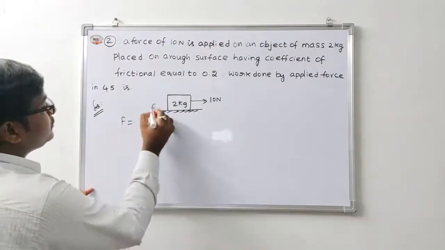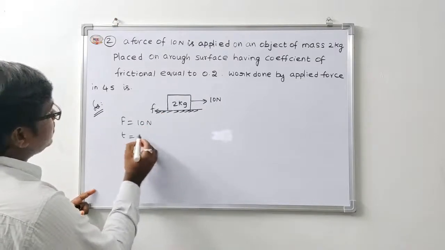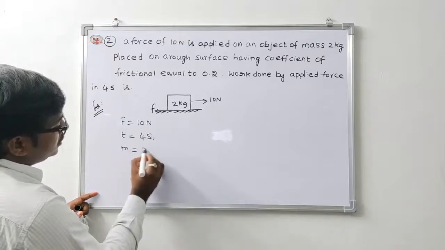F = 10 Newton, t = 4 seconds, and m = 2 kg.